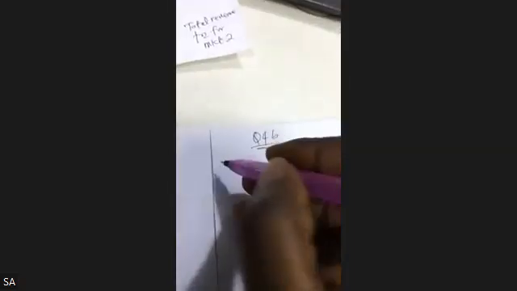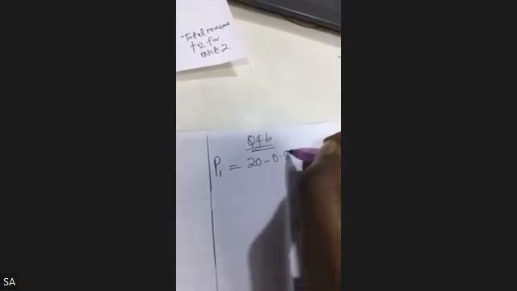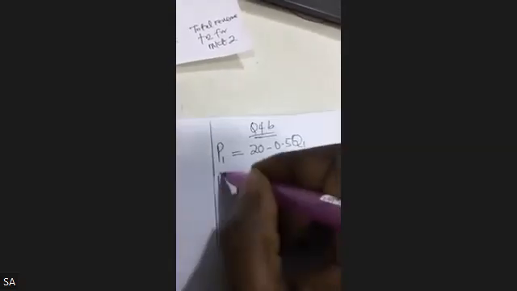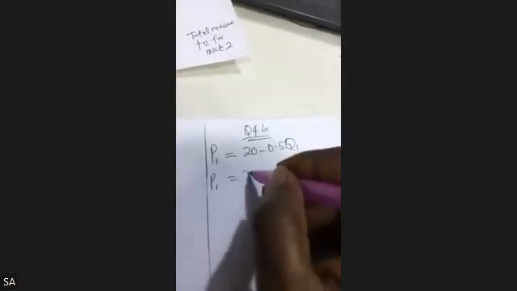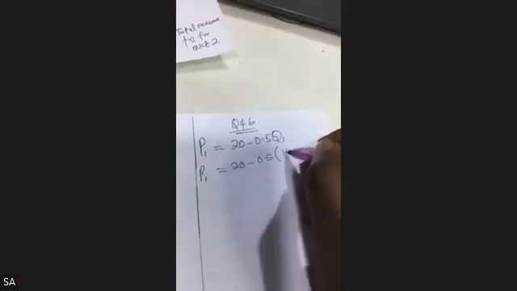Question 4B, the price. Let's say market one. So P1, remember, is 20 minus 0.5 Q1. So P1 equals 20 minus 0.5 times Q1. What is Q1, class? Q1 is 15.